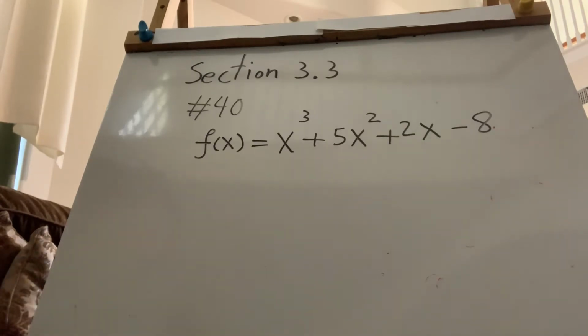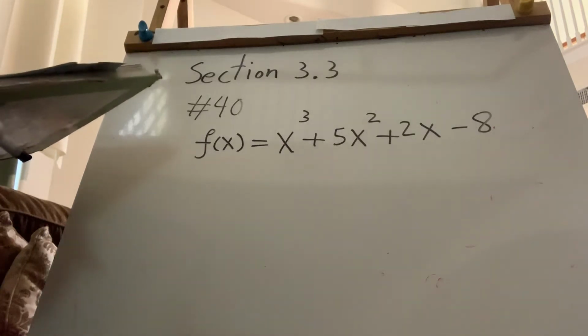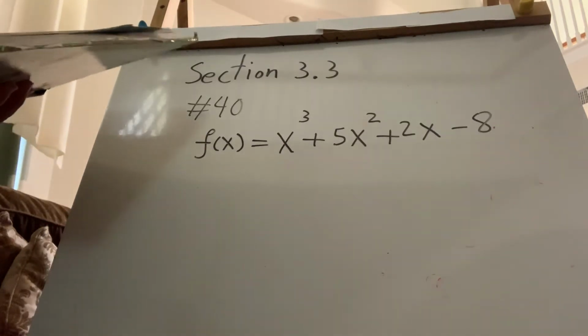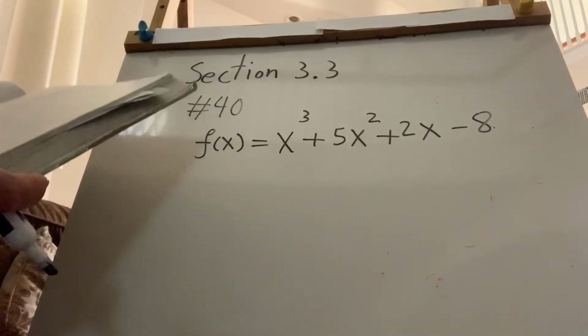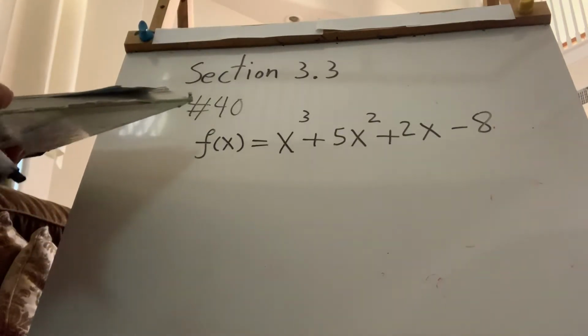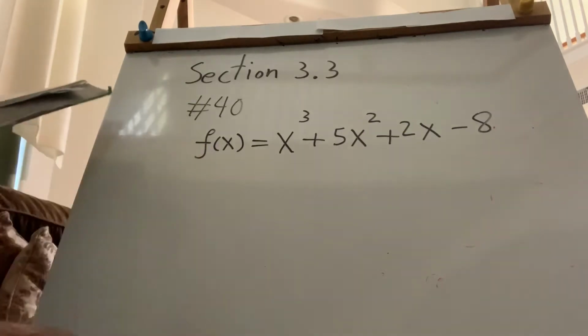If you remember, if you read section 3.3 in your textbook, on almost the bottom of page 328, there is a green box and there is a theorem called the rational zero theorem, and that's the theorem that is going to help us answer part A, okay?